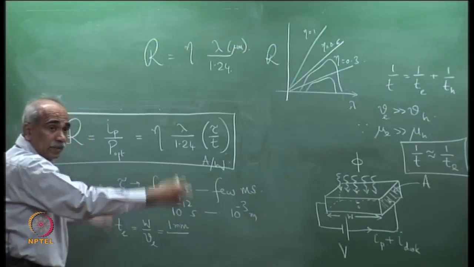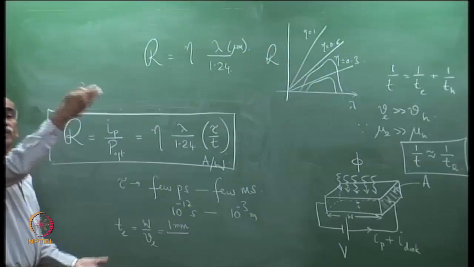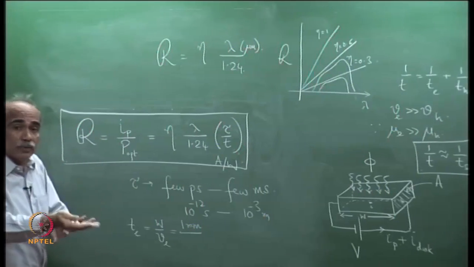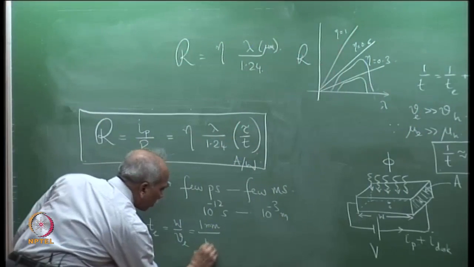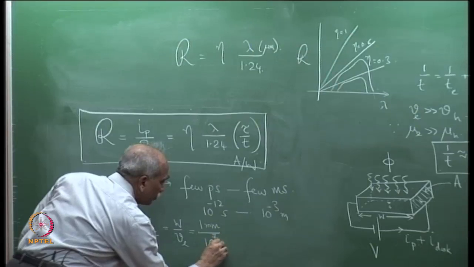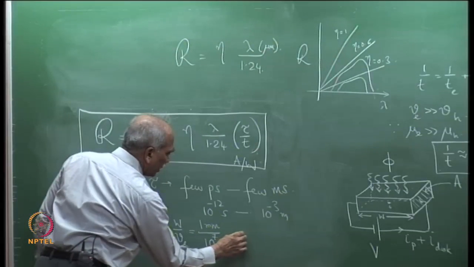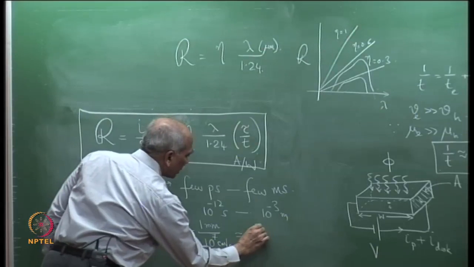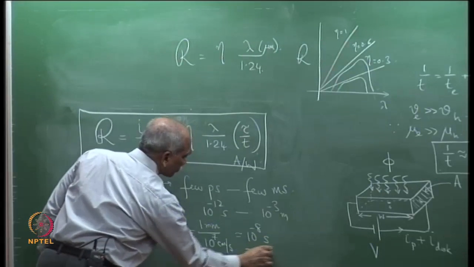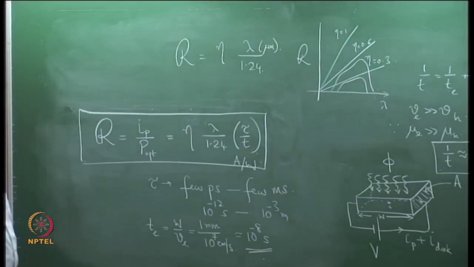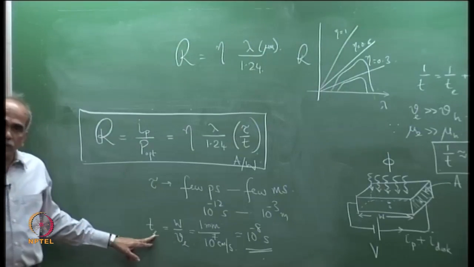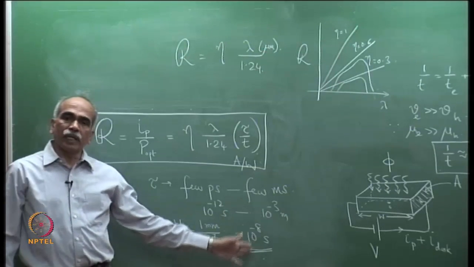If I apply an electric field so that V e approaches saturation velocity, we discussed saturation velocity, which is of the order of 10 to the power of 7 centimeters per second, then this will be nearly equal to 10 power minus 8 seconds. The transit time of electrons is approximately 10 power minus 8 seconds.